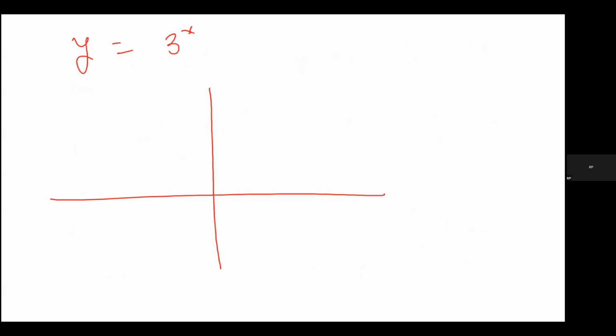So let's take a graph of y equal to 3 power x. Now this will be the graph of y equal to 3 power x. This is 0, 1. Now when you move your graph by 4 units to the right, that is x minus 4.